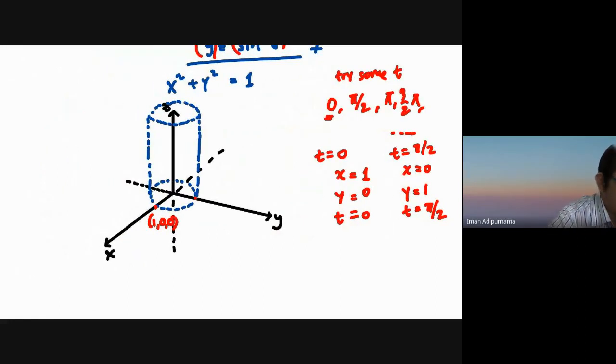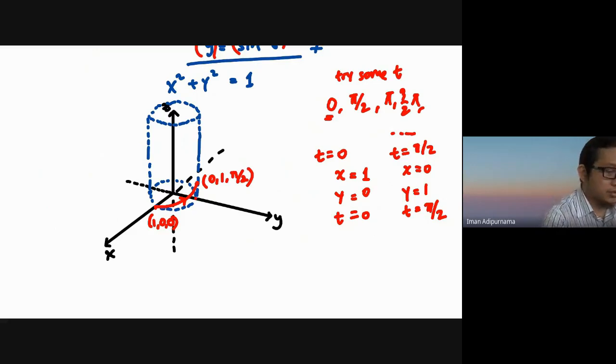So we have maybe around here. So this is 0, 1, and pi/2. So the curve will trace out this point. It's going there, the arrow.